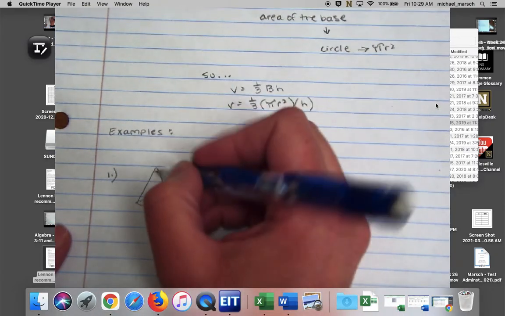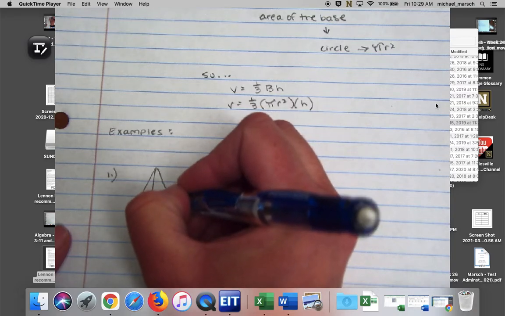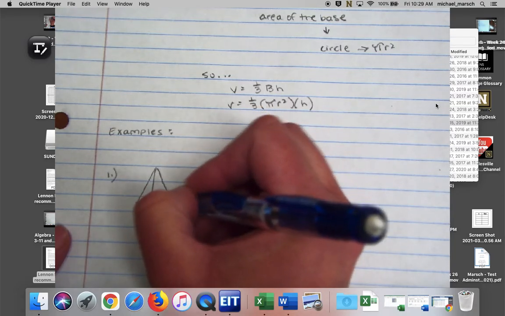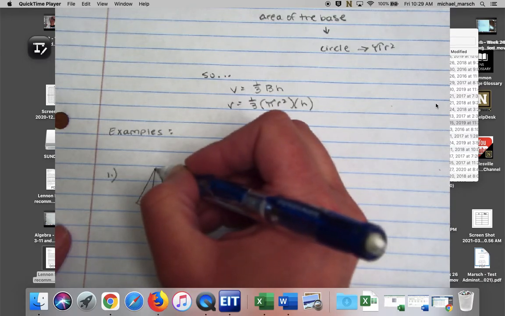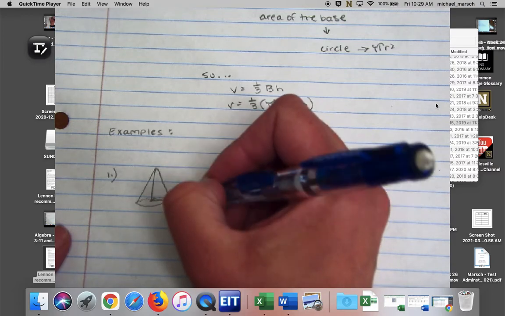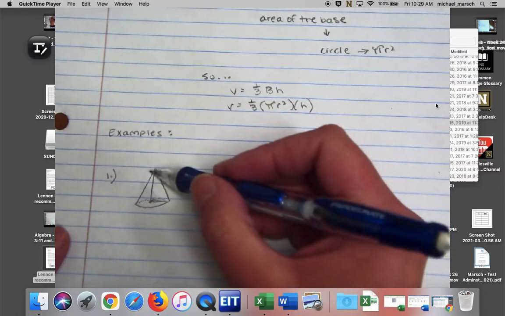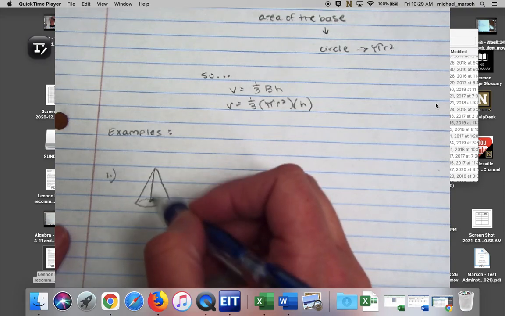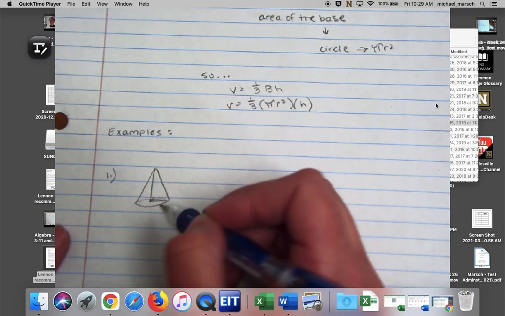Now, the tricky part about a cone is that the way to show the height is like this imaginary line coming down the middle, because we're doing the height from the top of the cone down to the base, not the slant height, which I know sounds strange, but slant height is something entirely different. We're going to be given this height and this radius.